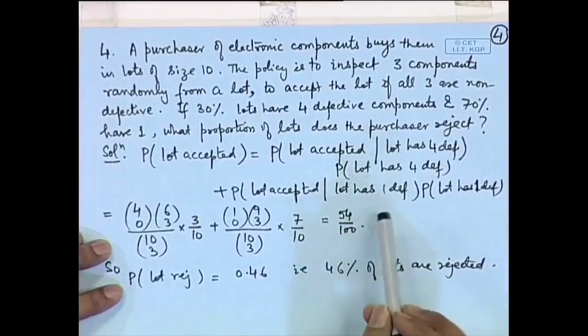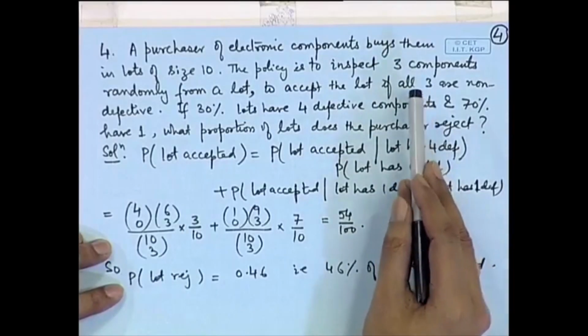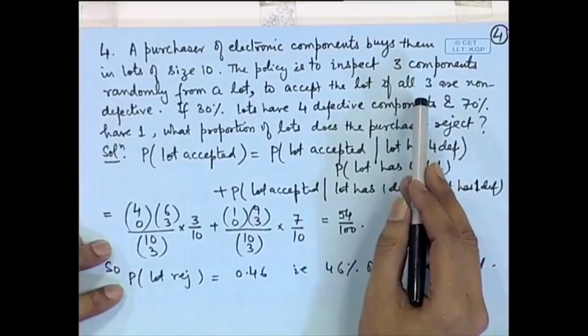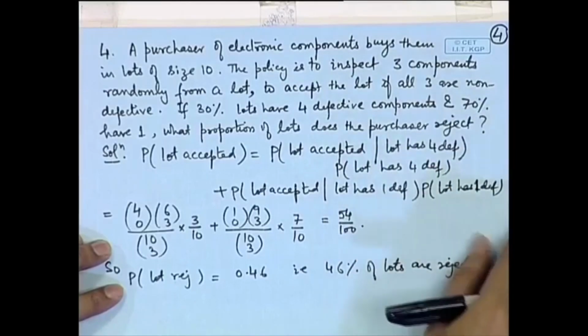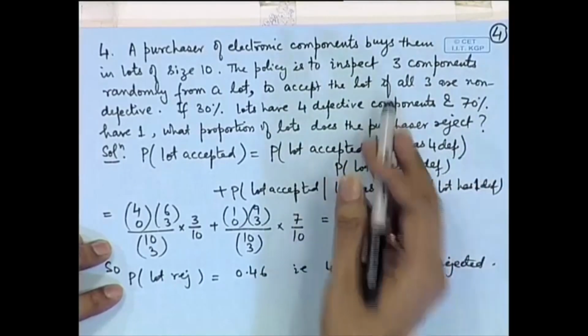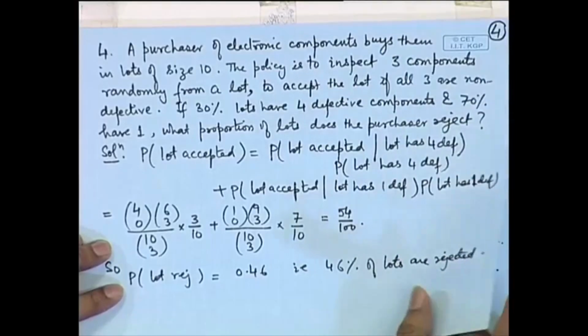So, 46% of the lots get rejected, which is quite high. This is understandable, because the person checks, and each of the components checked must be all right, only then will he accept. So, the condition is relatively tough, and therefore almost 50% of the lots are getting rejected under these given conditions.